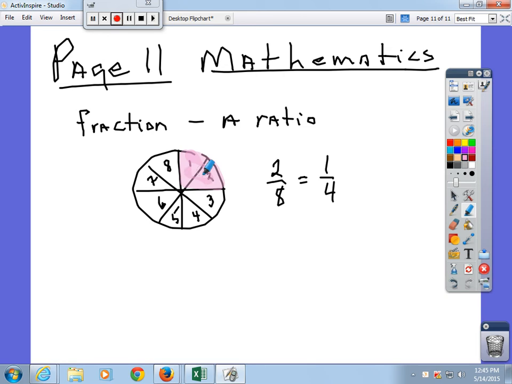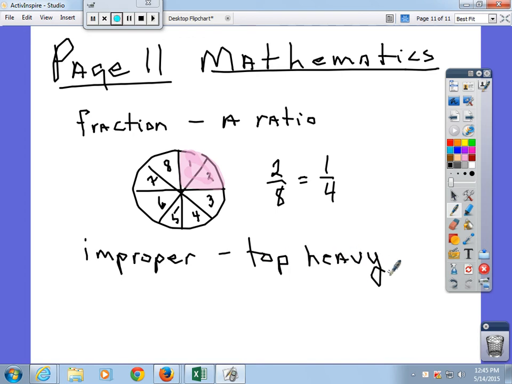So I'm not going to go into fractions too much, except for what kinds of fractions there are. There's improper and proper. Improper is top heavy, and proper is bottom heavy.